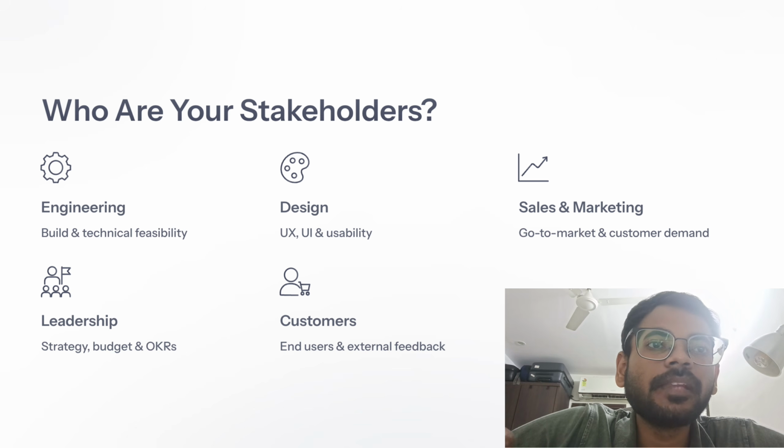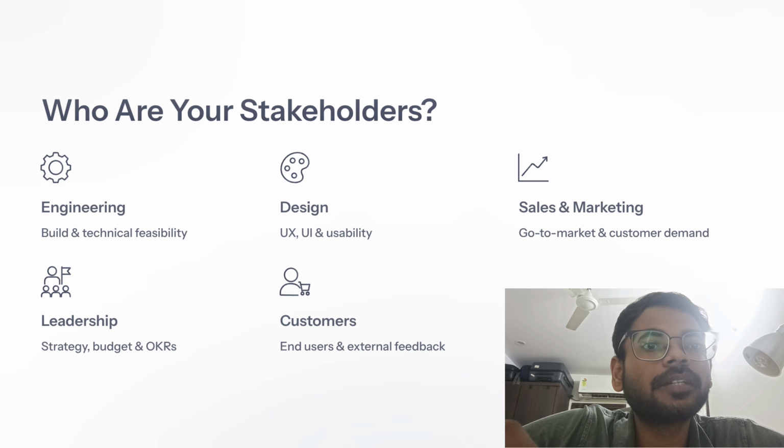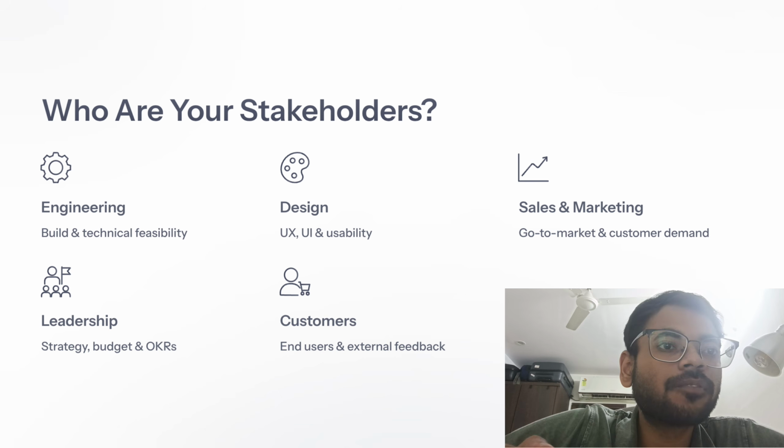And then when it comes to support, it is about what are the current issues that the customer is facing, what new features the customer wants us to build. And if the discussion is with the design team, what should be the ideal user flow.